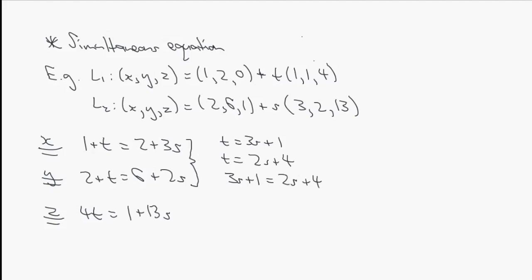Simplifying it, s equals 3. And by adding the value of s, which we just found, into one of them, the answer will be t equals 10. And seeing for y, the value will also be the same.